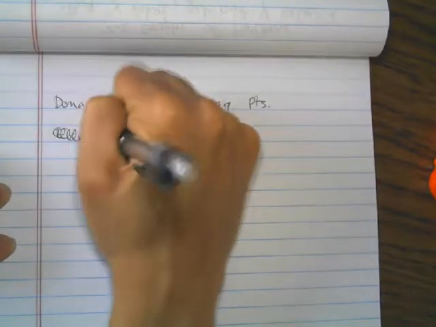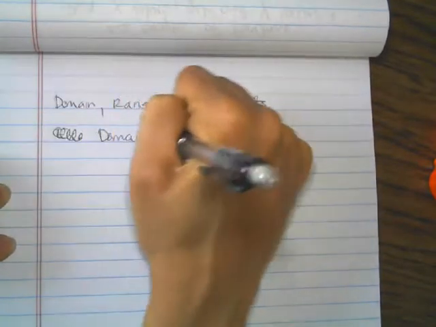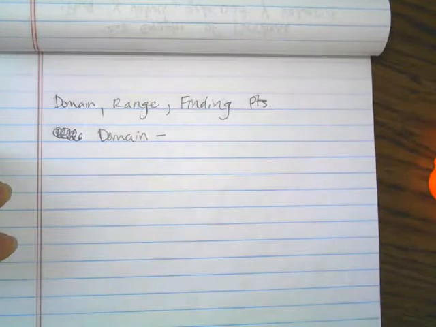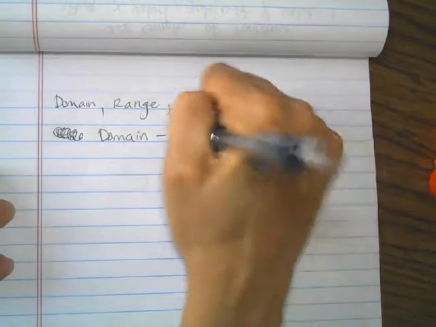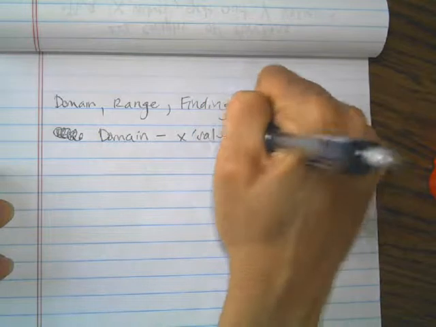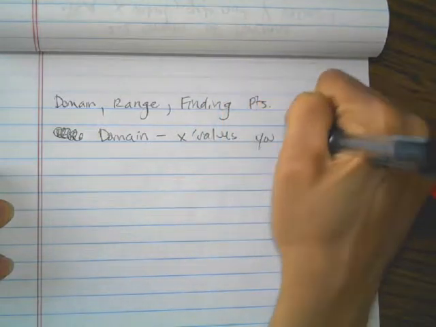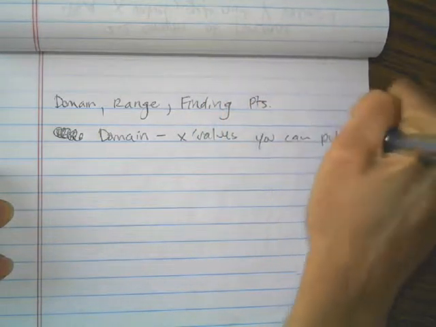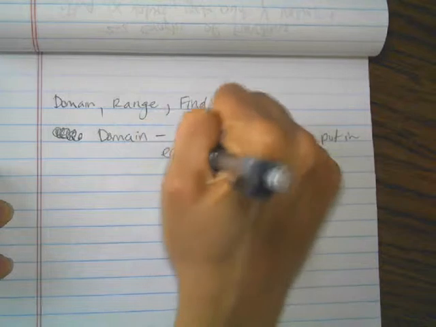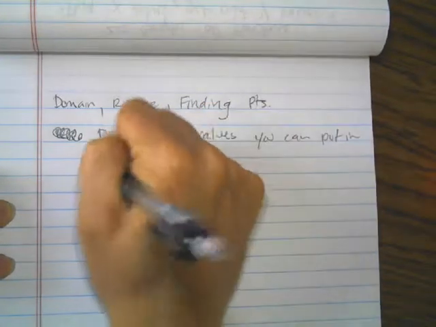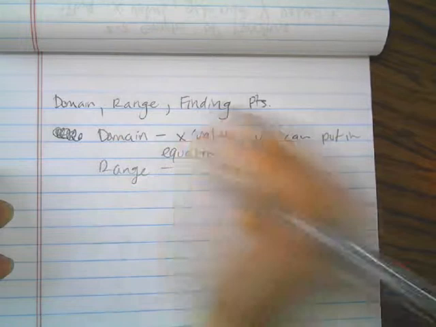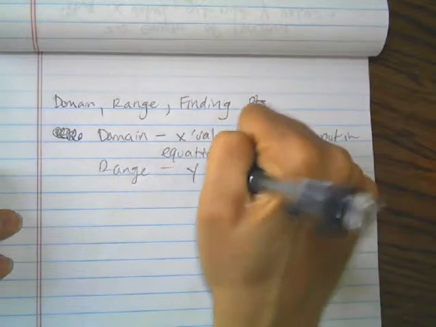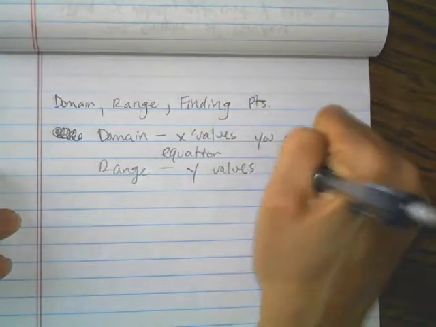Well, first of all, we know domain is what? X values you can put in the equation. What do you think range would be? Y values. Good. The y values you get out.